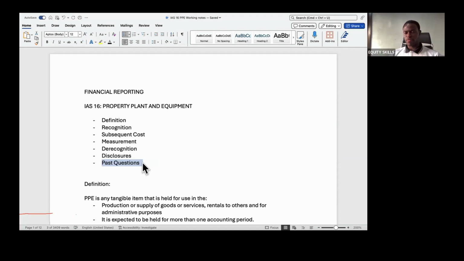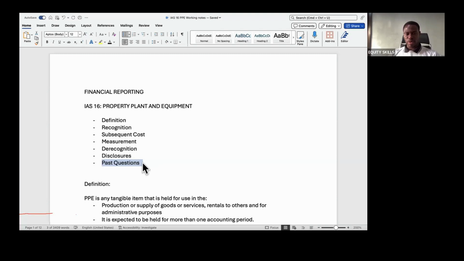Number one, if it is probable that future economic benefits associated with the item will flow to the entity, and it must have a cost that can be measured reliably. When you have PPE that you want to recognize, you simply debit that PPE and credit bank or credit other payables if you are buying it on credit.